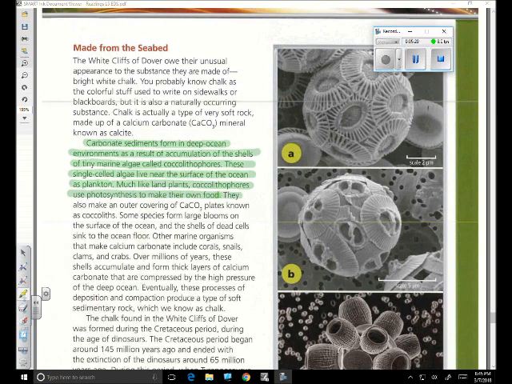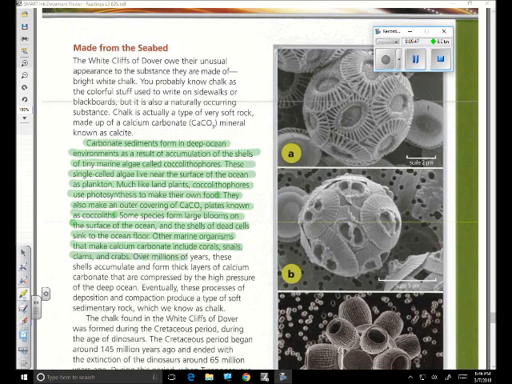They also make an outer covering of calcium carbonate, plates known as coccoliths. Some species form large blooms on the surface of the ocean, and the shells of dead cells sink to the ocean floor. Other marine organisms that make calcium carbonate include corals, snails, clams, and crabs.